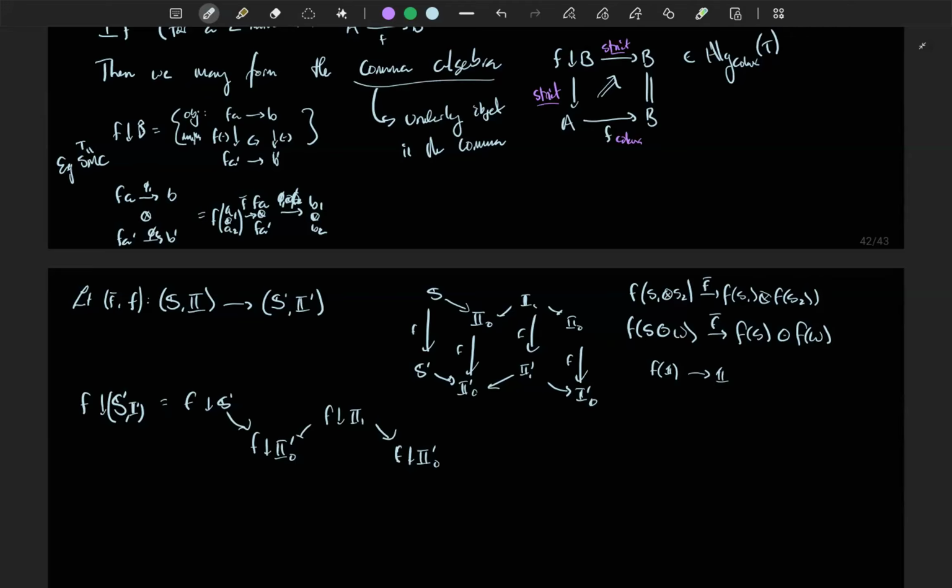So in other words, we would have a system here. An interface here is a map from f of an interface in the top to an interface in the bottom, a type map.